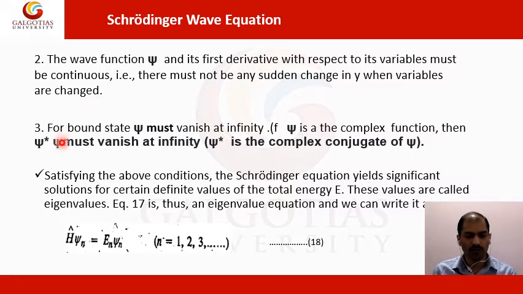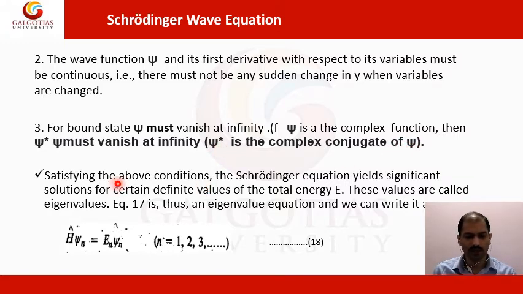For a bound state system, psi must vanish at infinity. If psi is a complex function, then psi star must vanish at infinity, where psi star is the complex conjugate of the wave function psi.